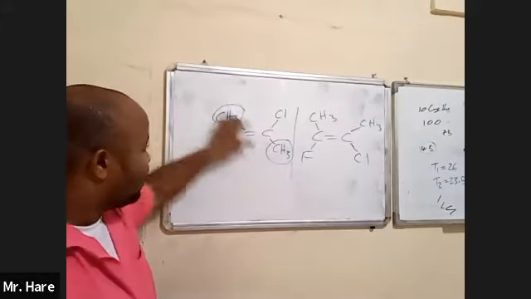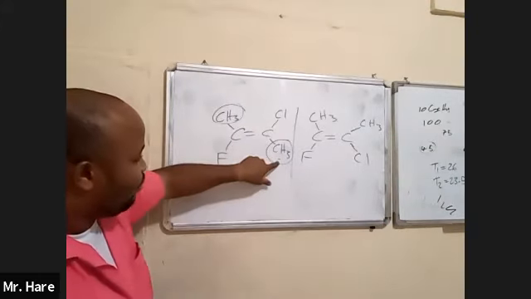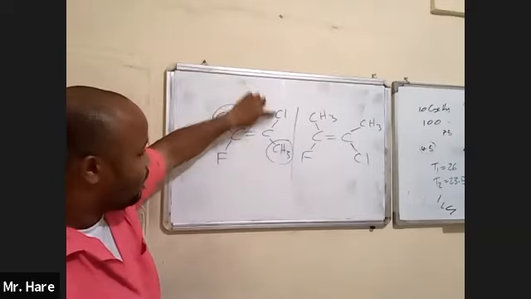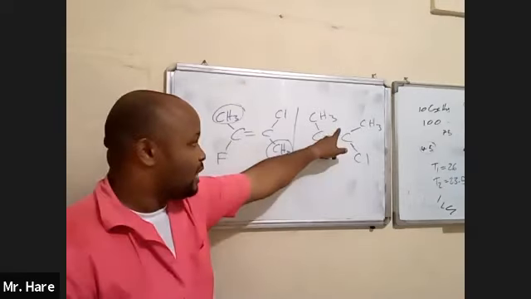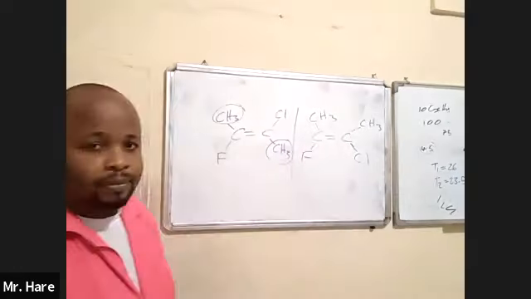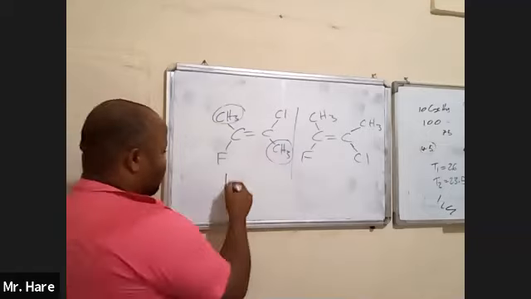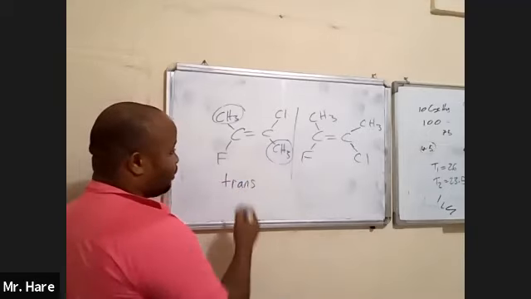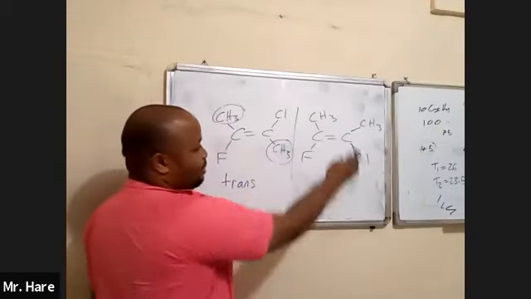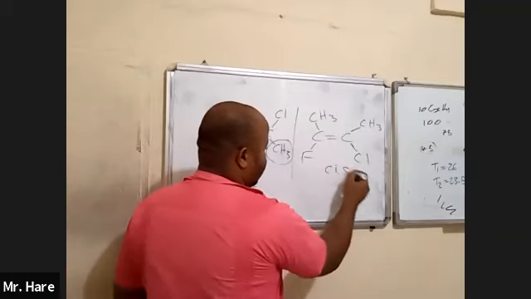At no point in time will this methyl group come over here so that it looks like this. So when the methyl groups are across from each other, that is how you get trans. And when they are on the same side of the double bond, that is how you get cis.